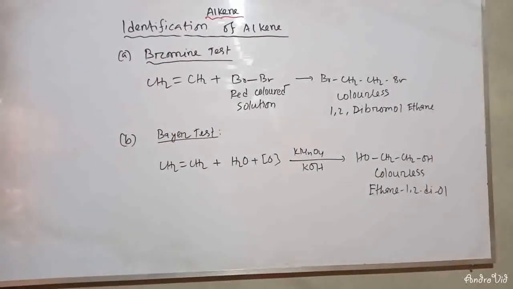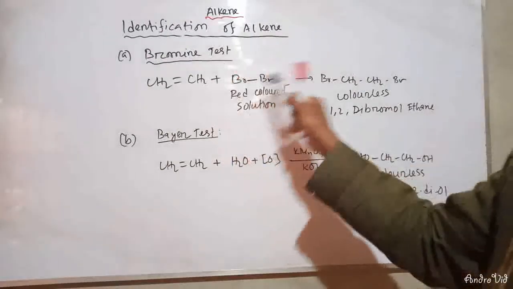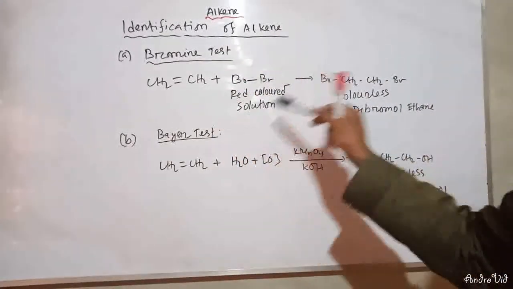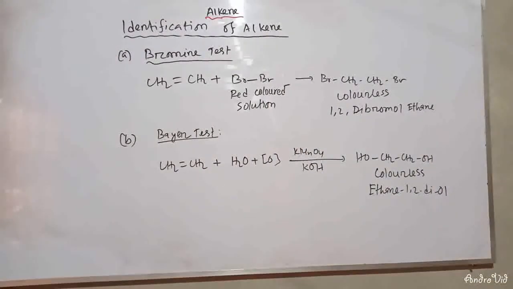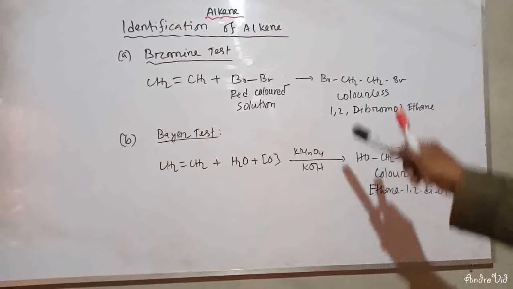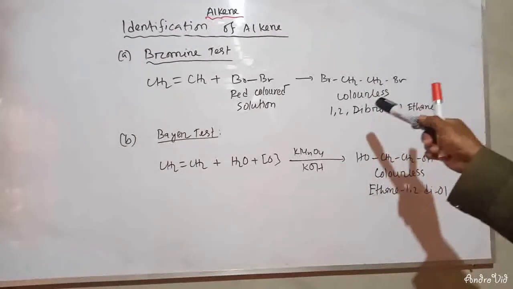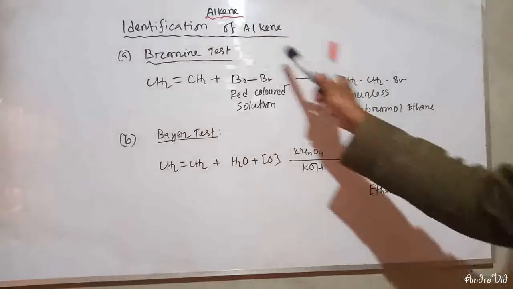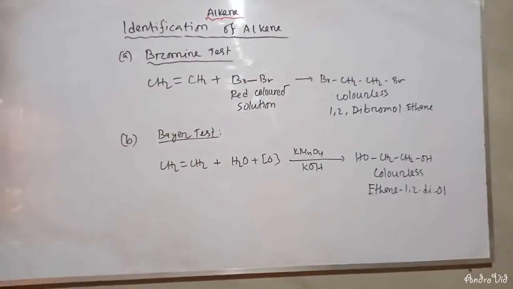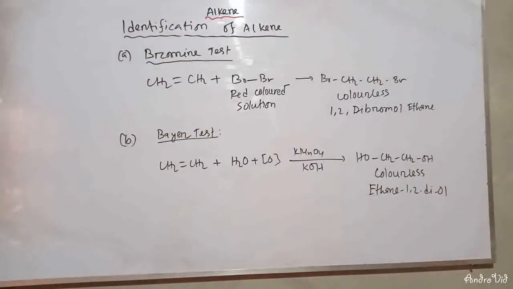If you take a solution of this compound in a test tube and add red colored bromine solution dropwise, the red color will disappear with the formation of the product 1,2-dibromoethane, which is colorless. So the decolorization of bromine confirms the presence of this compound. At the same time, the Baeyer test is also an oxidation reaction of alkene.